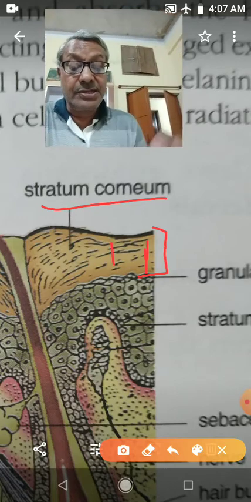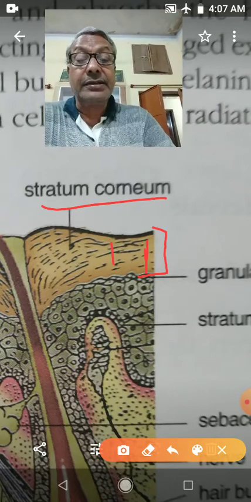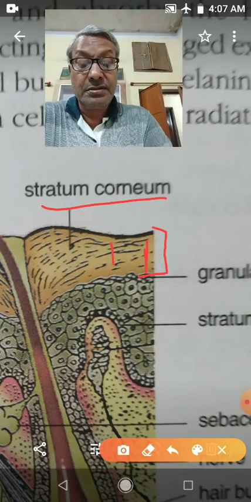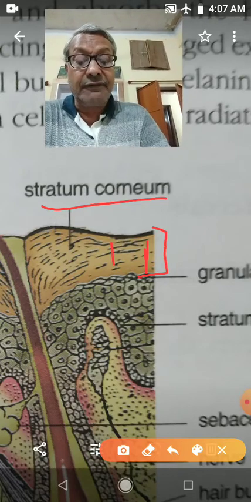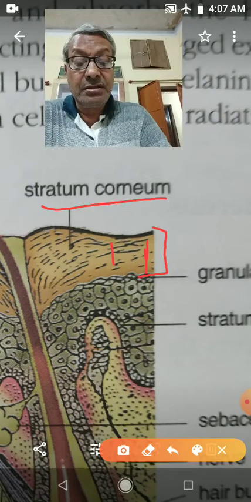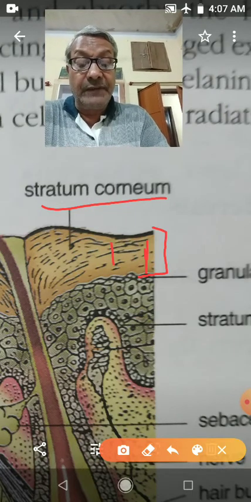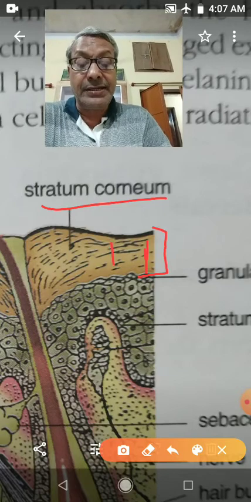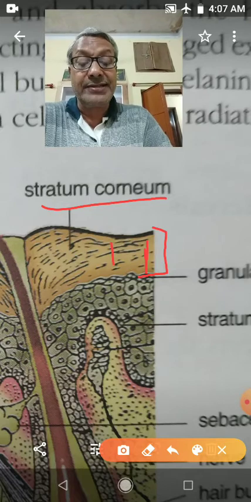And this cornified layer is tough. It offers resistance. It prevents mechanical damage, bacterial infection, and loss of water by evaporation.